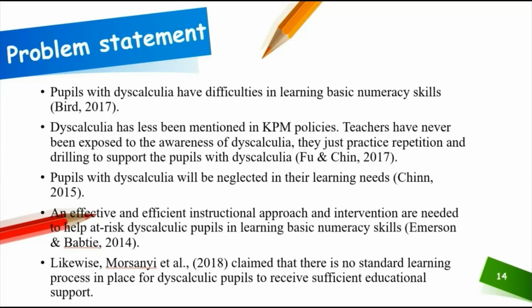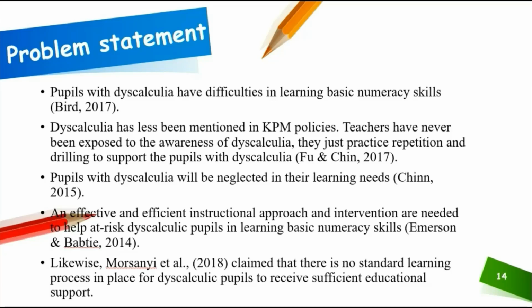And it will lead to the problem statement, that people with dyscalculia have difficulties in learning basic numeracy skill, and dyscalculia has been less mentioned in KPM policies, and teachers have never been exposed to the awareness of dyscalculia. They just have practiced repetitions and drilling to support the people with dyscalculia. And the people with dyscalculia will be neglected in their learning needs.